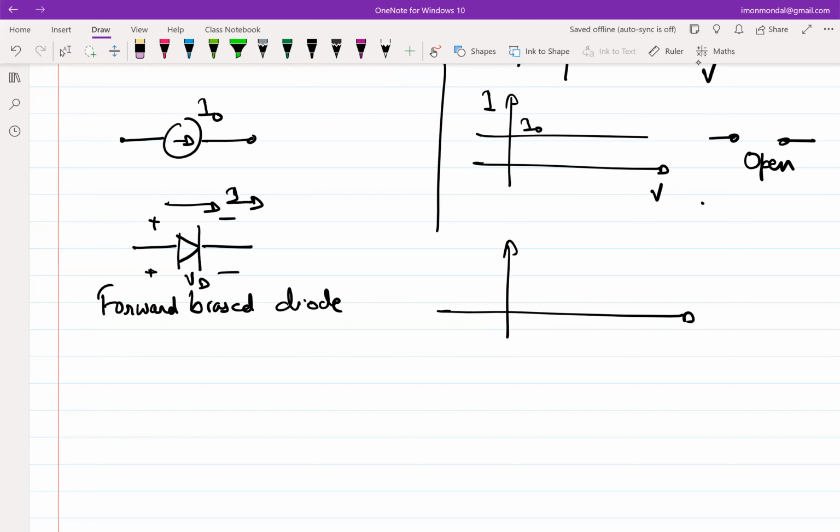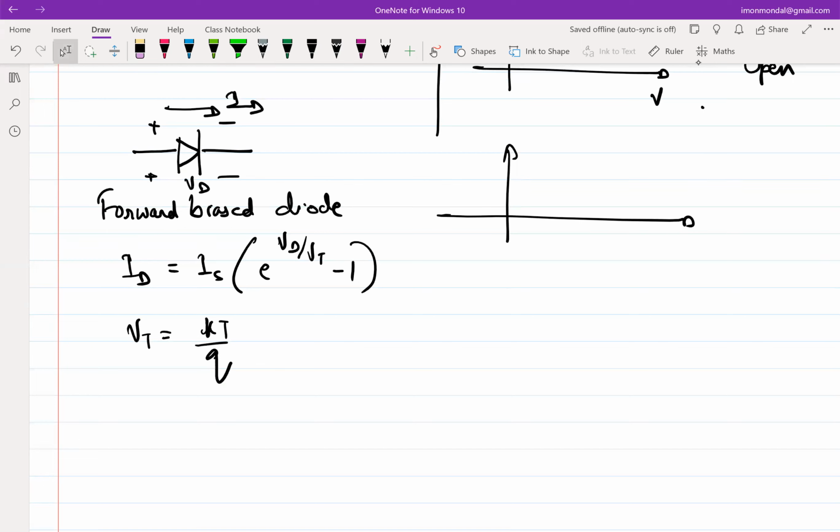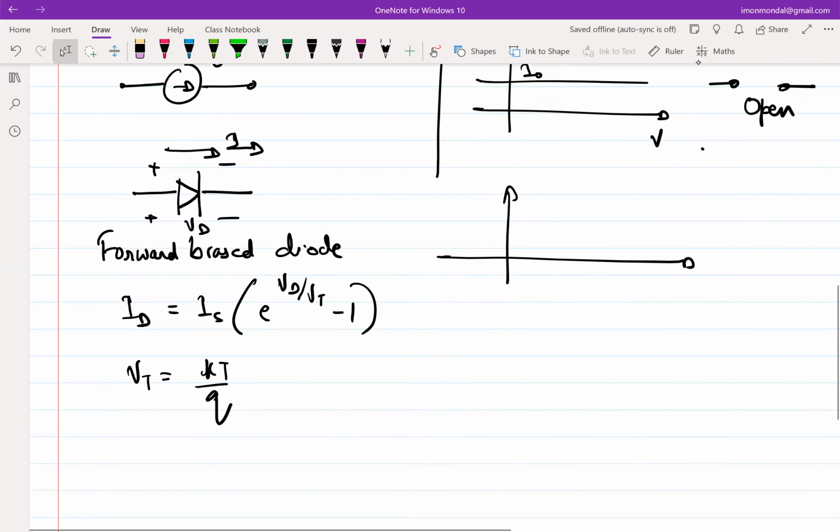So the generic equation of this diode will be some constant IS e power VD over VT minus 1, where VT is KT over Q. Right? Let me sketch this plot first, then we'll do the forward bias, reverse bias stuff.